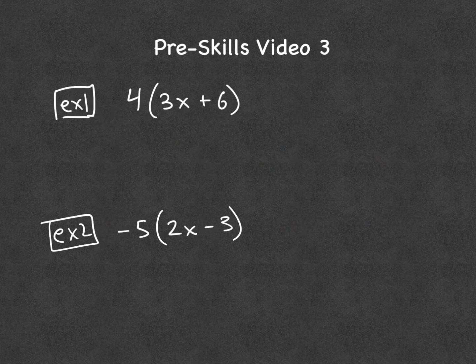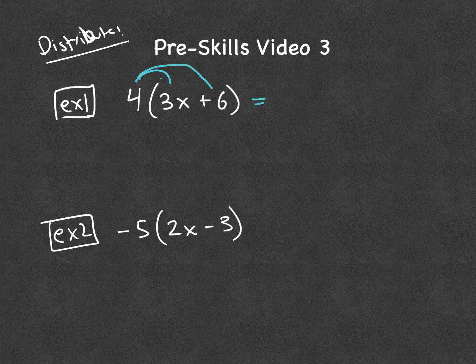All right, here we have example 1, 4 times the quantity, and that's how you say parentheses, right? 4 times the quantity 3x plus 6. So in order to distribute these, and I guess the direction should say distribute. Okay, so I'm going to distribute the 4, which means multiply it by the 3x and by the 6.